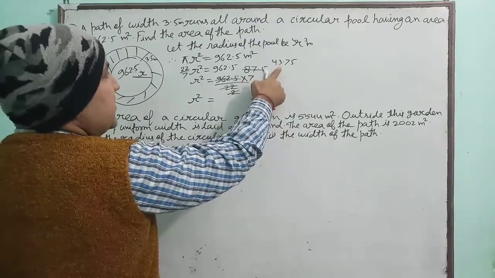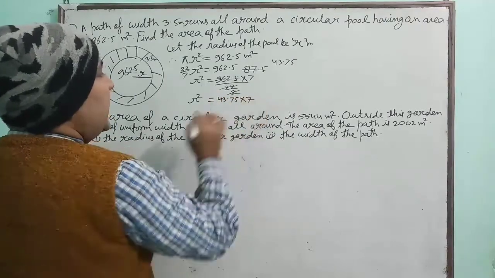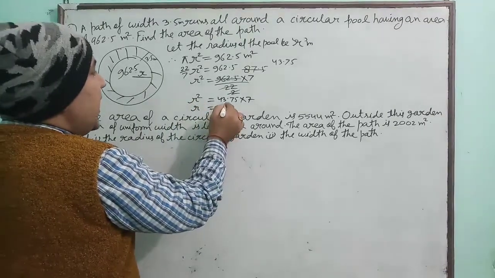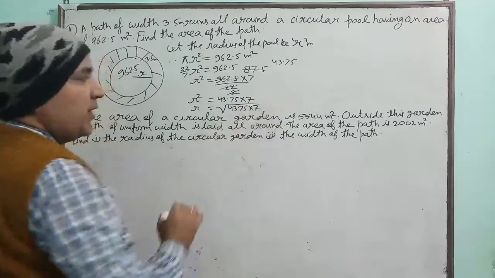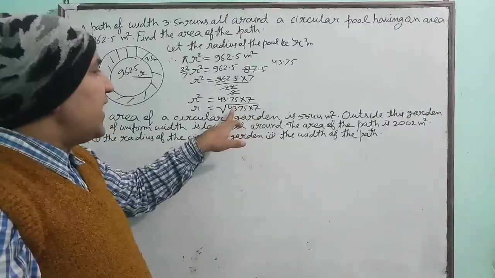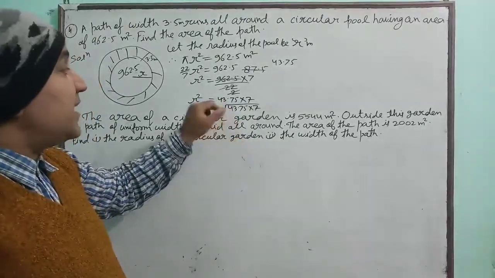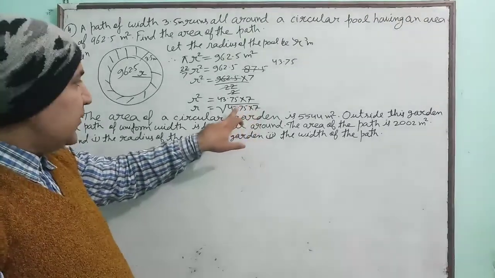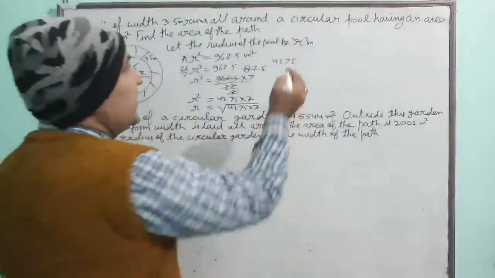If we break this number, see children, we are getting this. To find r, we have to find the square root of this number. We know that to solve the square root, we have to make pairs of the number. So we will break this number by 7 because a 7 is present here. If this number is divisible by 7, then a pair of 7 will be ready.